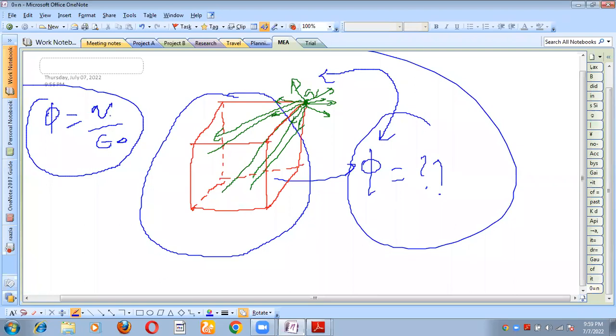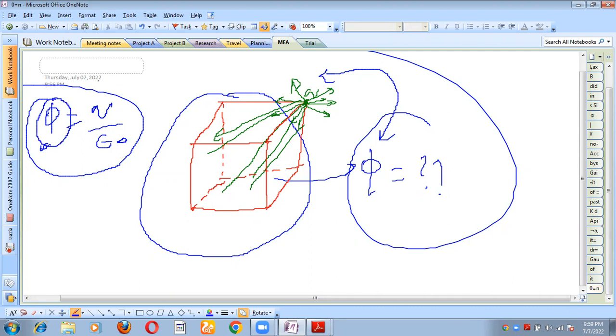We have to find the flux. Here the main thing is how to find the flux and how to select the Gaussian surface.